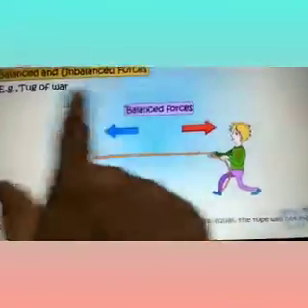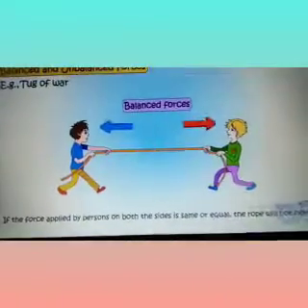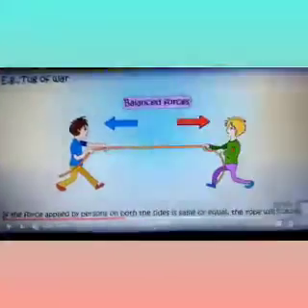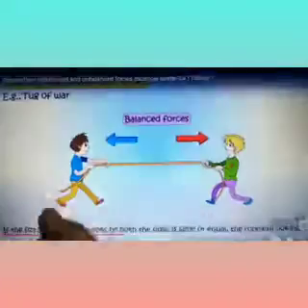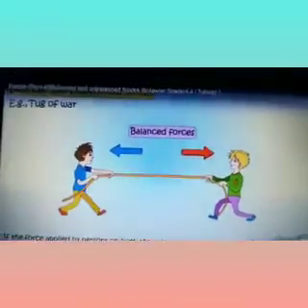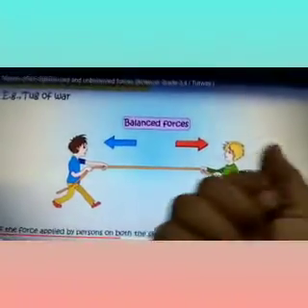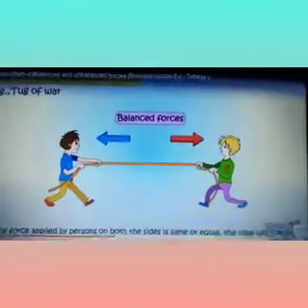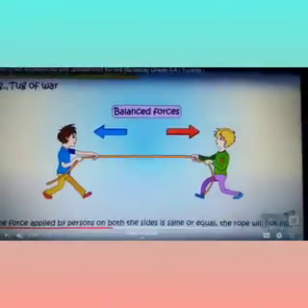Now we play tug of war, in which we pull a rope, right? What happens in this? One team pulls the rope from one end and the other team pulls the rope from the other end, and you would have noticed that for a time being no team moves, neither team moves, right?